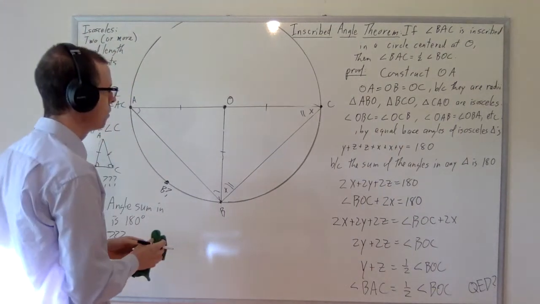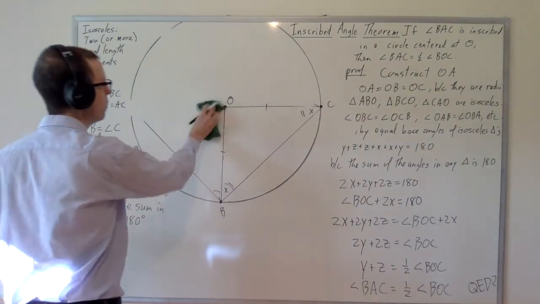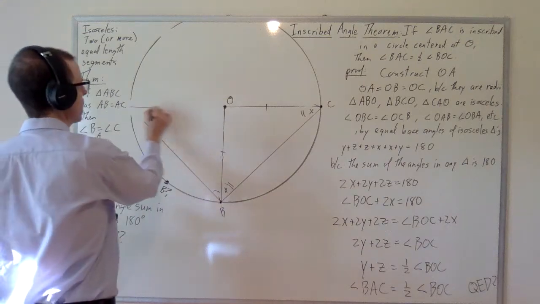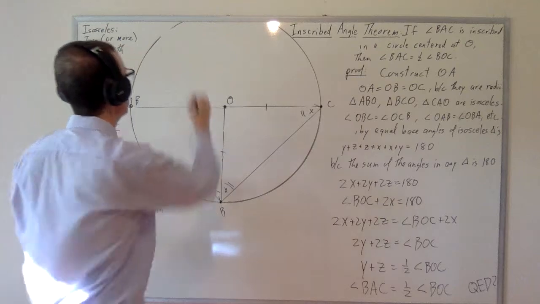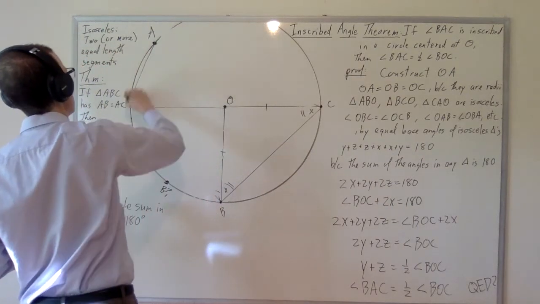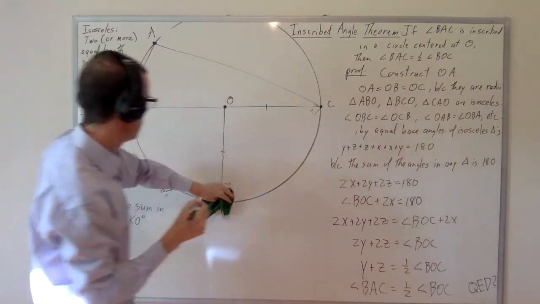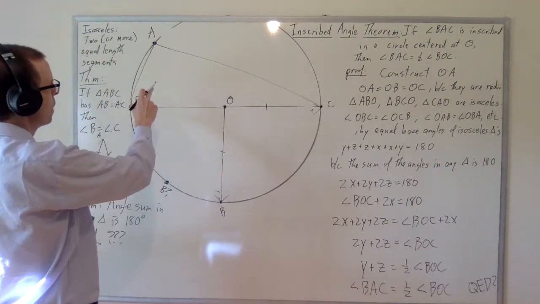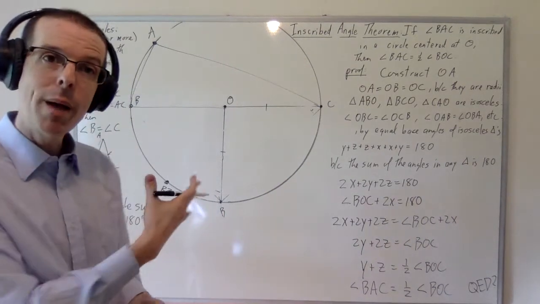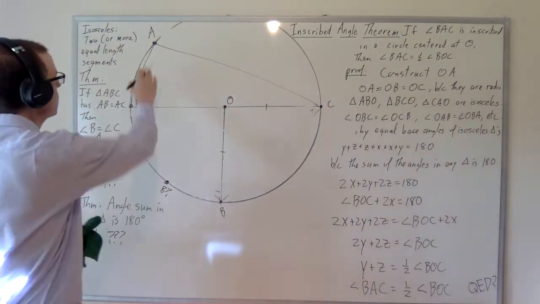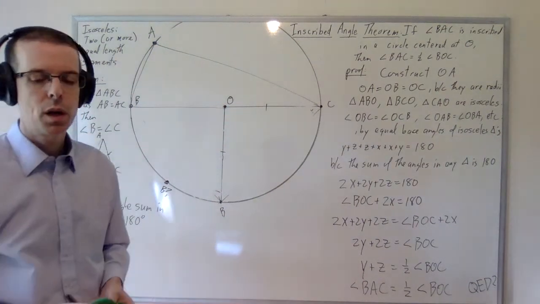Maybe A, O, and C are not in a line, but maybe B and C are in a line, right? I guess I could have left the line here. So maybe B is in a line with O and A is not. And you might say, well, that's the same case. But I would say, no, it's not the same case because I am particularly trying to reason about the angle made at A. And so here, A has a different relationship to this collinearity problem.